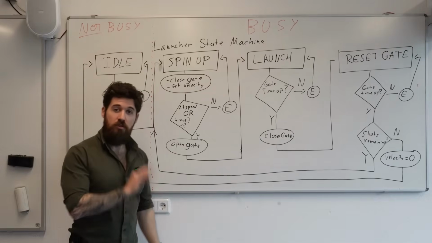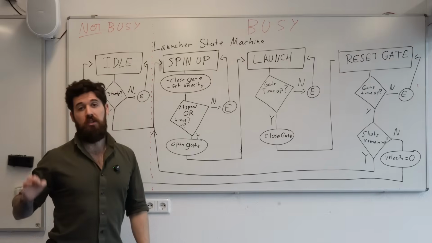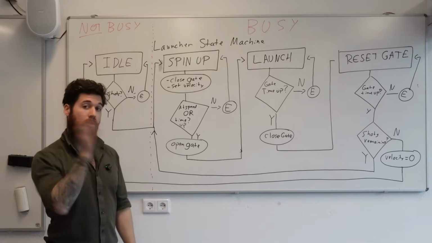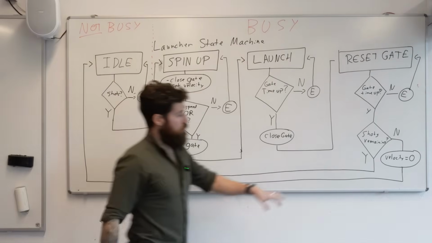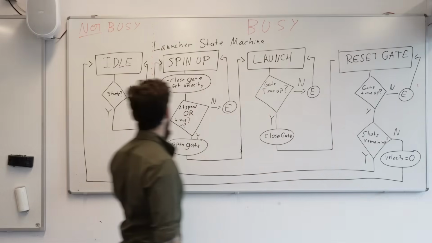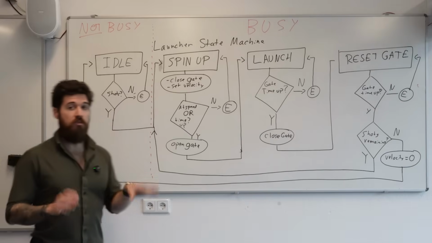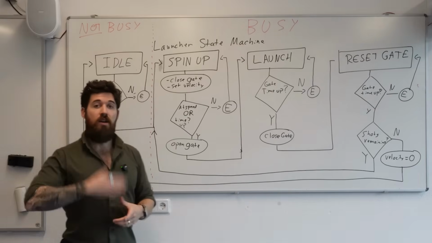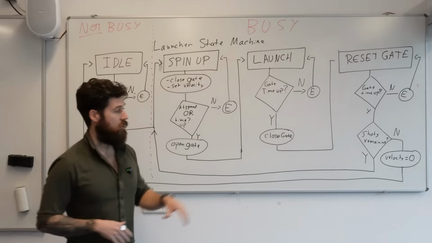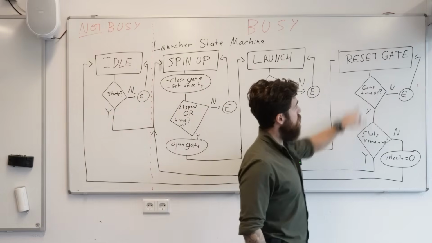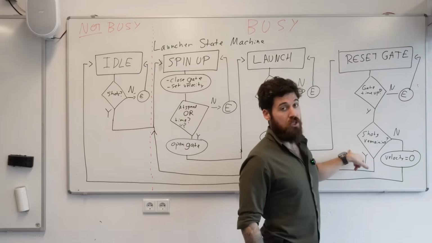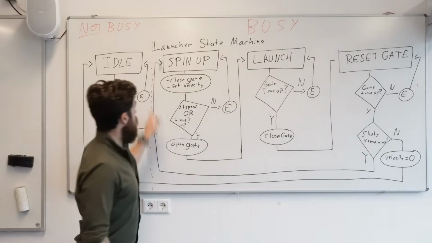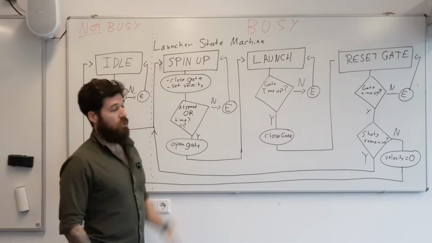And that is absolutely critical for our ability to make sure that we have shot all three through. Because if we were to transition all the way back to idle, we have no way of checking, are we done firing all three shots? So by checking again one more time in this reset gate state, if we still have shots left, we can go back up to the spin up state where we can then run.